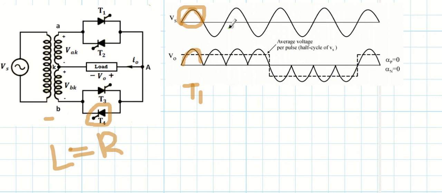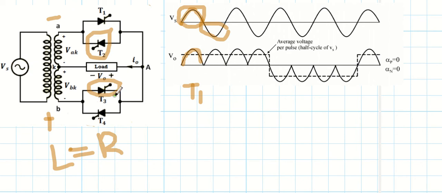Now we have negative cycle over here. What will happen? We have at A negative and B is positive. And which two thyristors are forward bias? For this case, T3 is forward bias and T2 is forward bias. Again, we want the positive pulse at the load.